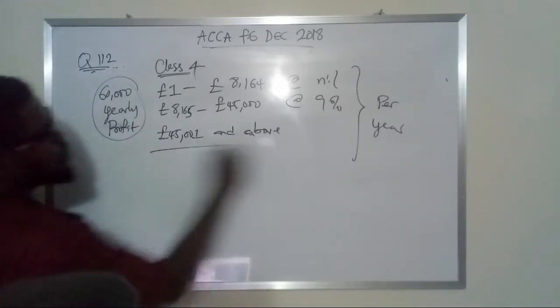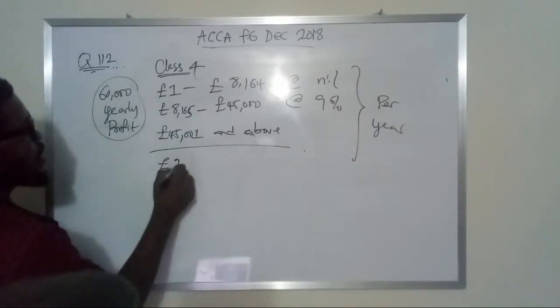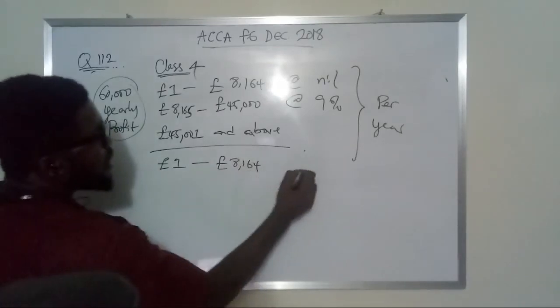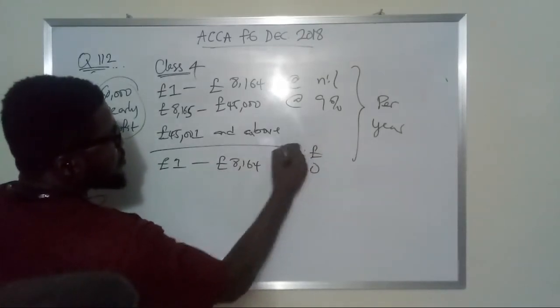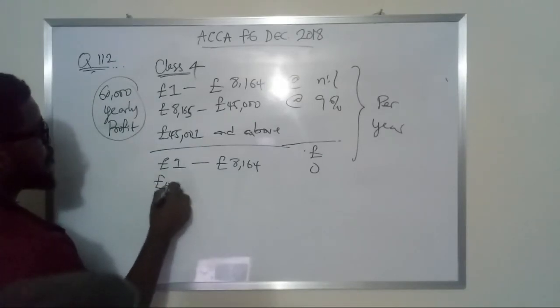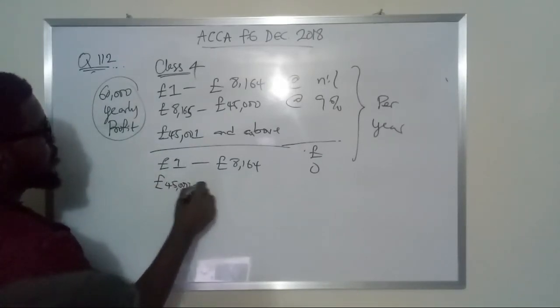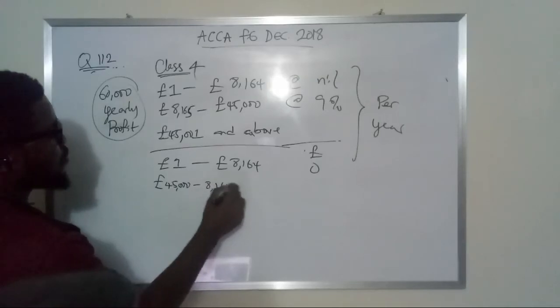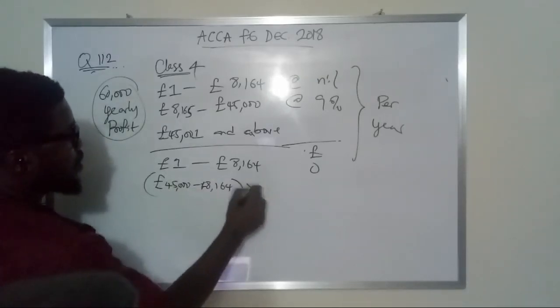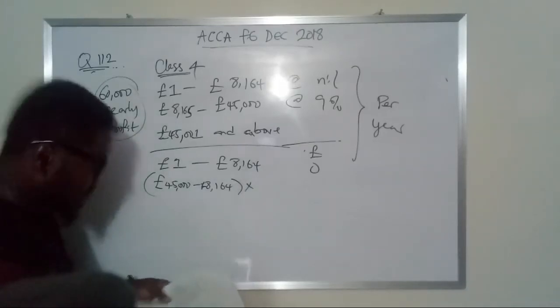So the first thing you will do is say up to 8,164 is 0. Then you take 45,000 minus 8,164 times 9%.